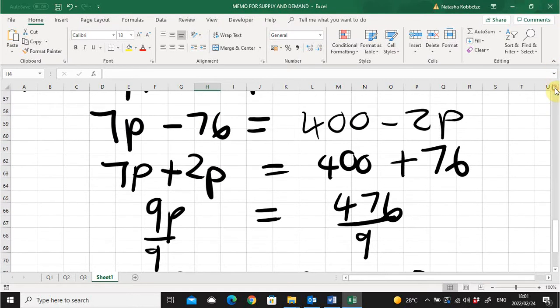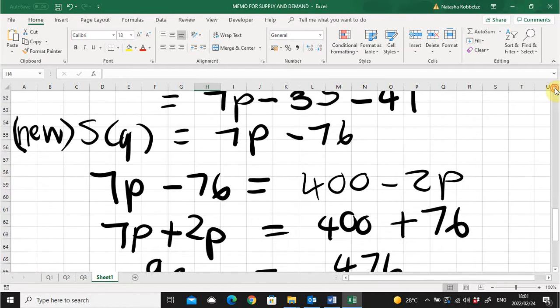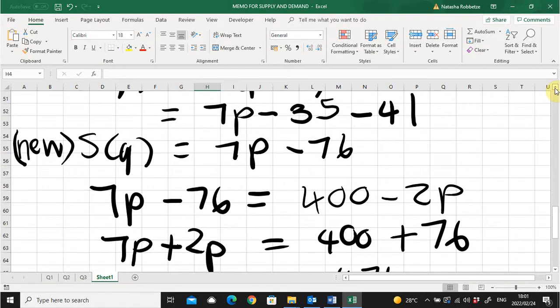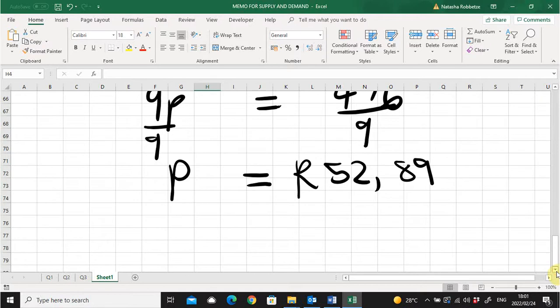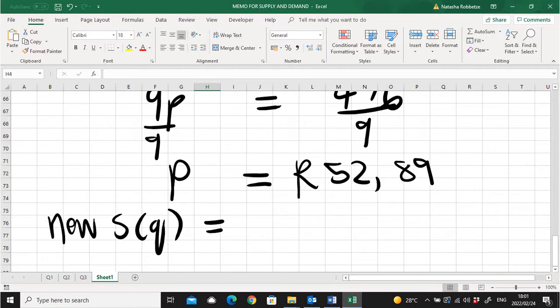We need to solve our quantity. I always like to solve the quantity by using my supply equation or calculation that I did, and in this instance we are calculating the new market equilibrium quantity, so we will need the new supply expression that we have, and I believe our new supply was equal to 7p minus what?